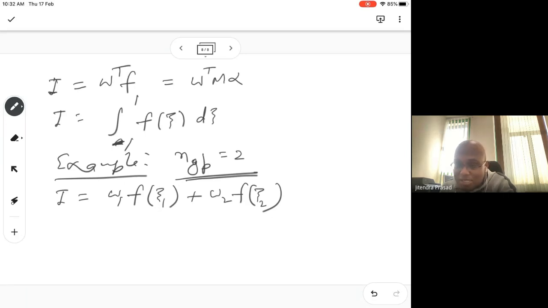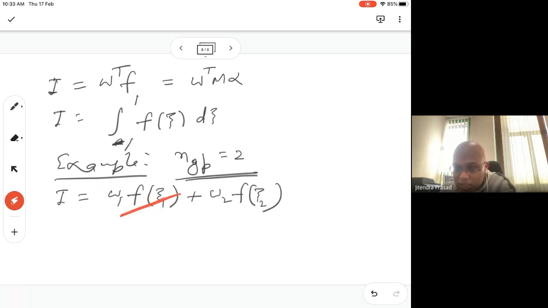Before that, we need to do one more thing, but let us say ngp equal to 2. So we want I, which will be like this one. How many things are variable here? We have W1 you can adjust, right?